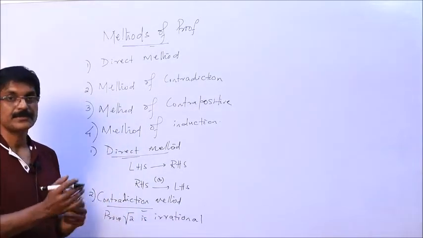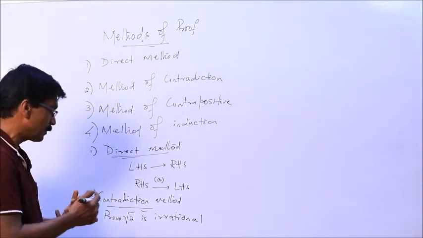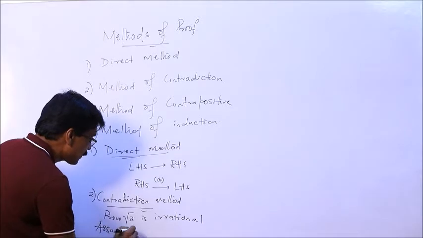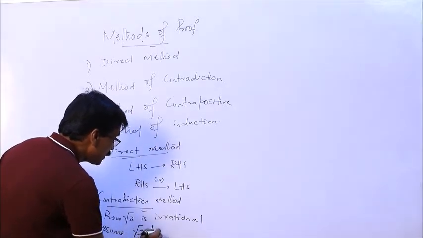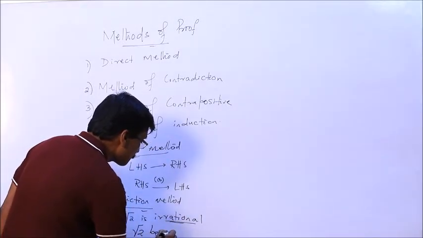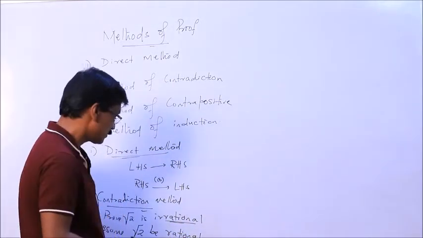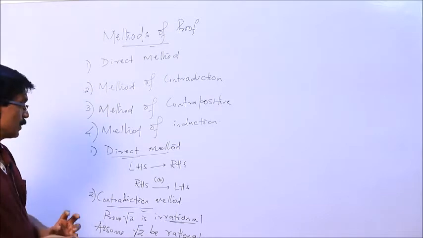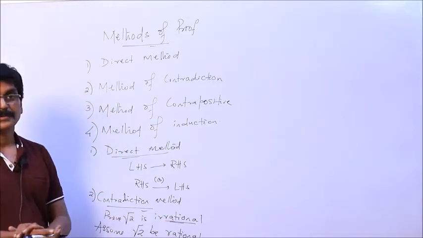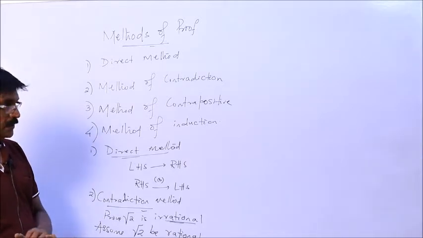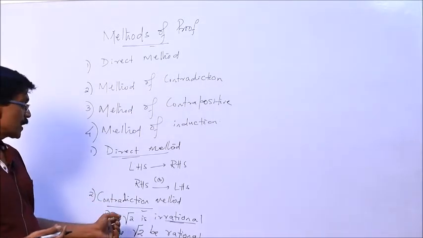We contradict whatever we assume. First of all, we assume root 2 be rational, and we contradict our assumption. That method is called the contradiction method.